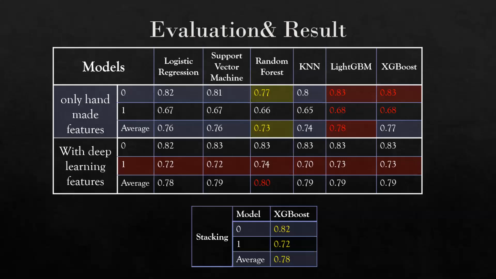And this is the evaluation. I use accuracy to evaluate the results of training models with only handmade features. Here, with only handmade features, we can see LightGBM and XGBoost have the highest accuracy, and random forest does not. Just one more question. Could you explain what handmade features means?